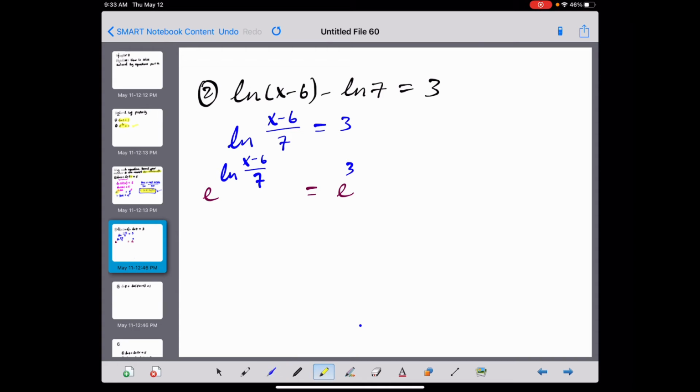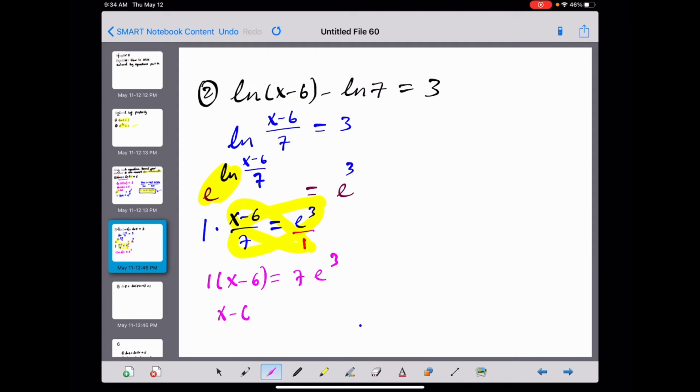Okay? So we know that e to the ln is a 1. And then (x minus 6) over 7, bring it down. And then e to the 3rd. Here I'm going to make this into fractions. And what we're going to do is cross multiply like that, okay? So 1 times (x minus 6) equals 7 e to the 3rd.